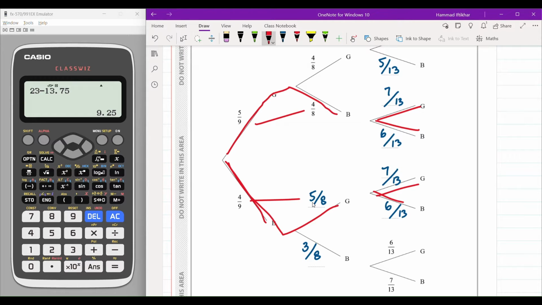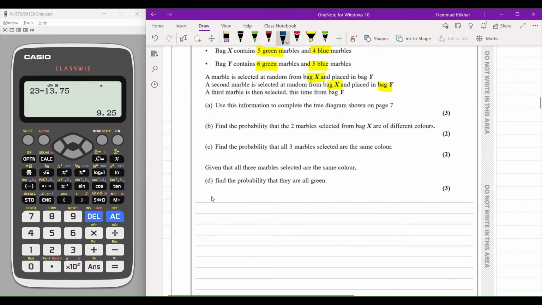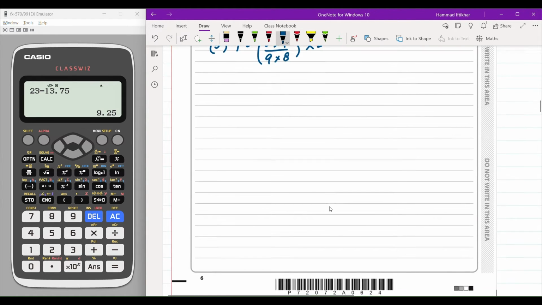5 times 4 over 9 times 8. Actually, these are identical. So part B is 5 times 4 over 9 times 8, times 2, because this is an OR case.